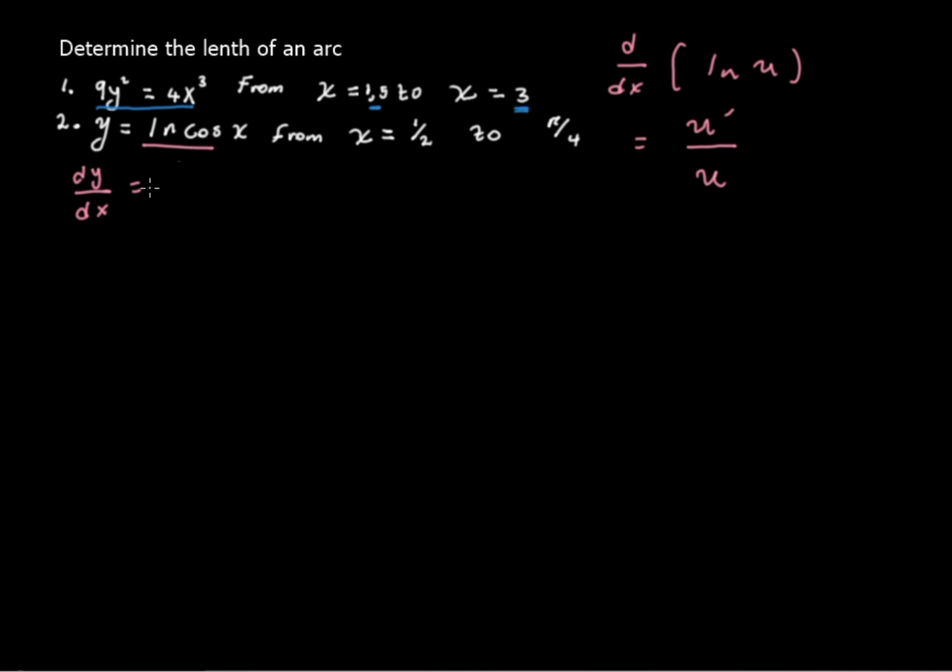So firstly, you know that the derivative of cos x equals negative sine x, and here u is represented by cos of x.